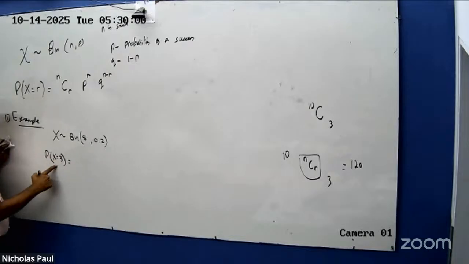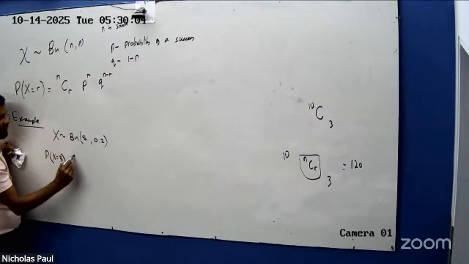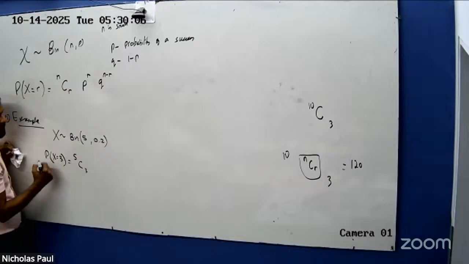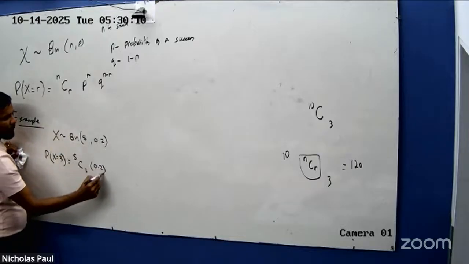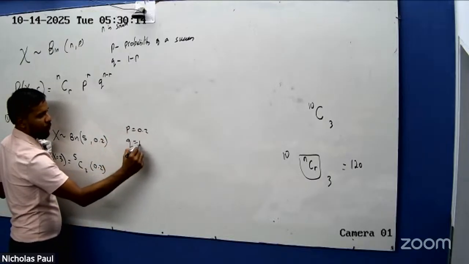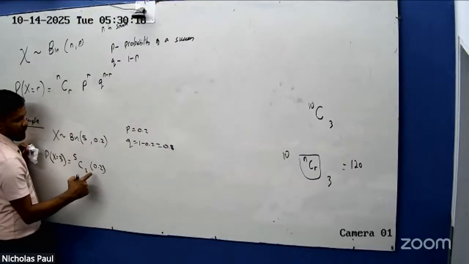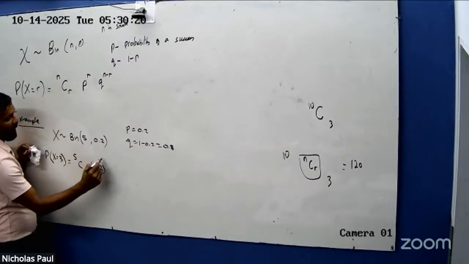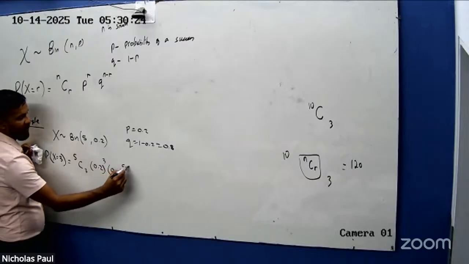To find this, I'm going to use the binomial distribution. n is 5, so that's 5C3. p is 0.2, and remember, if p is 0.2, q is 1 minus 0.2, which is 0.8. So it's 0.2 to the power of r by 0.8 to the power of 5 minus 3.